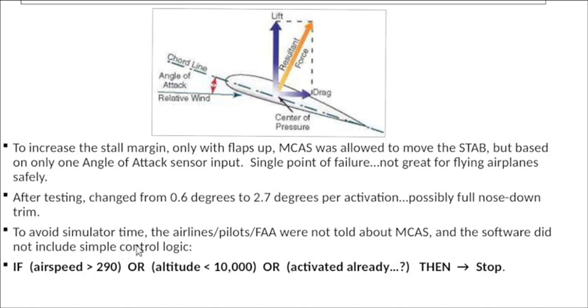and the software did not even include something that, if you know anything about Excel really, you would be familiar with. I'm a software developer, but that's not necessary for this. If your airspeed is greater than 290 or some number, or your altitude is less than 10,000 feet, or some other number that you want to set in there, or this thing is activated already recently, then stop it.